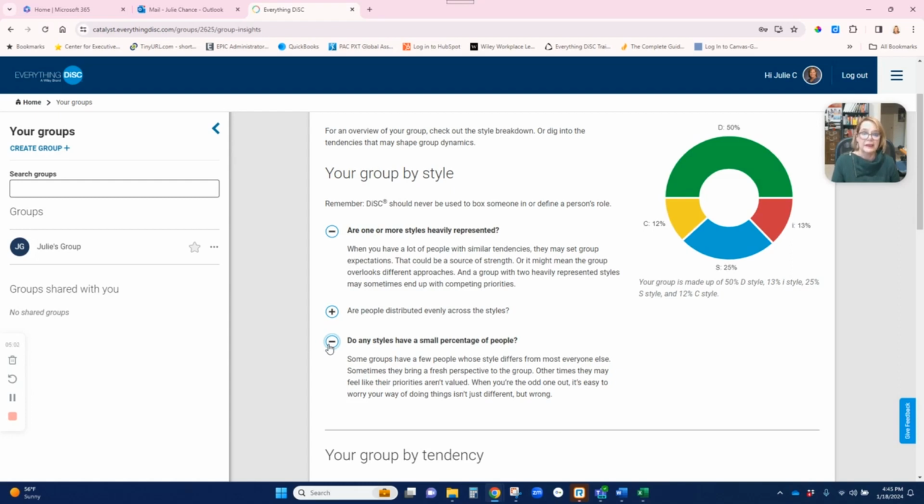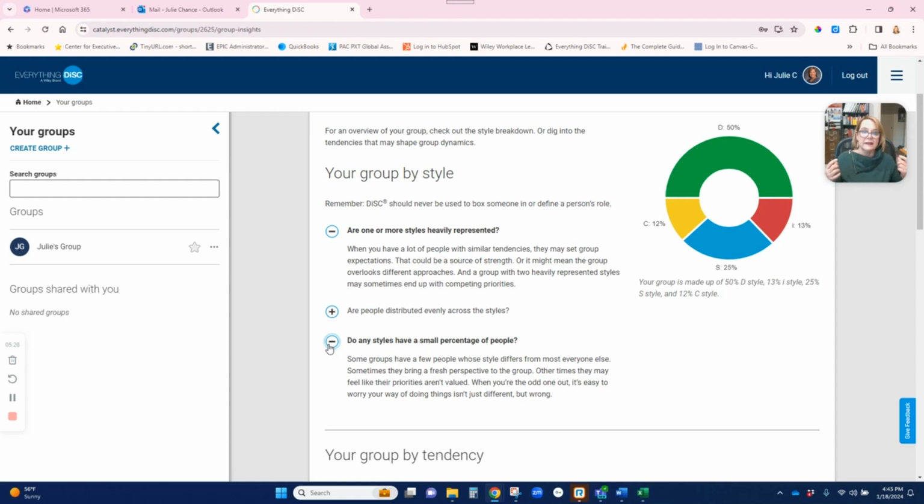Sometimes, though, it can cause people to almost be ostracized. And that's a really strong word, but people are excluded, or the individuals who are in the style group where there's the most people will sometimes devalue or discount what the other styles bring to the group. So that's something that you need to be careful of.